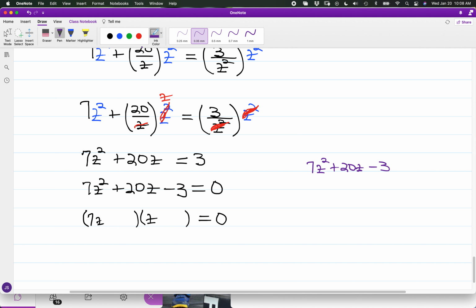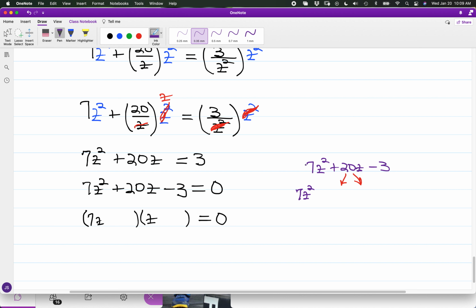If I were to do the factoring by grouping, think about it like this. 7 times negative 3 is negative 21. And what factors of negative 21 will add up to 20? In this particular case, you would have negative 1 on the minus side and plus 21 on the other.